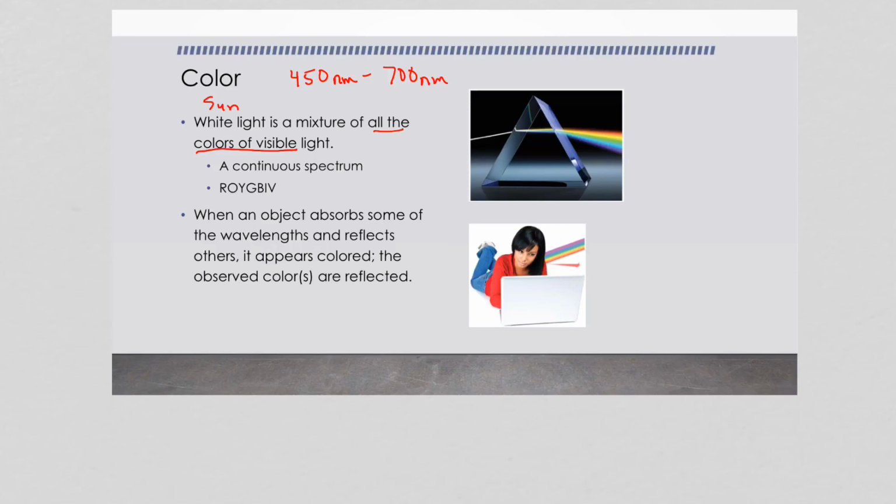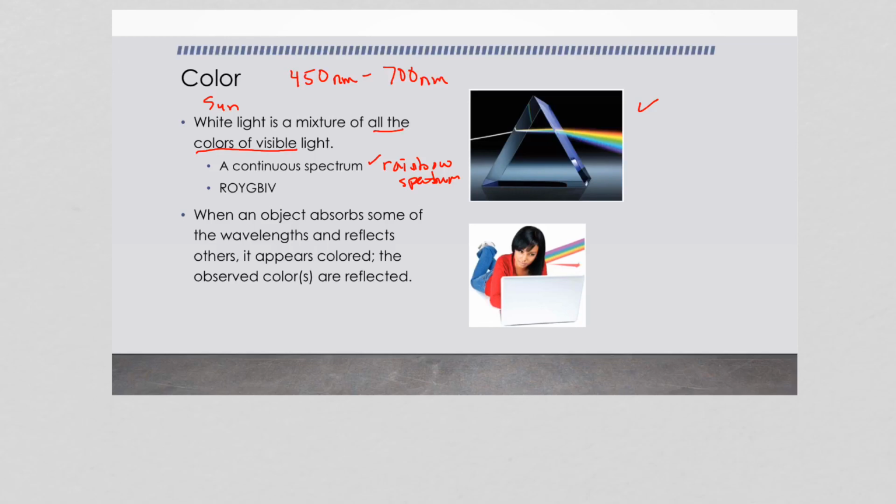And it's what we call a continuous spectrum, sometimes called a rainbow spectrum, because that's what a rainbow is, if we've seen the rainbow, or when light passes through a prism or some sort of crystal, the white light gets separated into all the colors of light. And this follows our acronym Roy G. Biv, or red, orange, yellow, green, blue, indigo, violet.